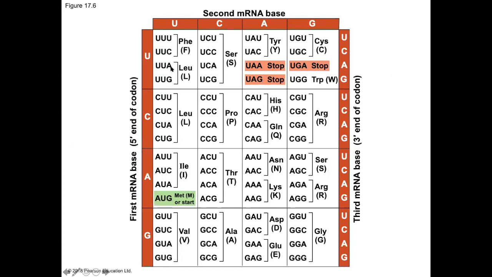This allows the codons to code for the same amino acid. But then again, there are no codons coding for two amino acids. The ratio will always be one codon, one amino acid.